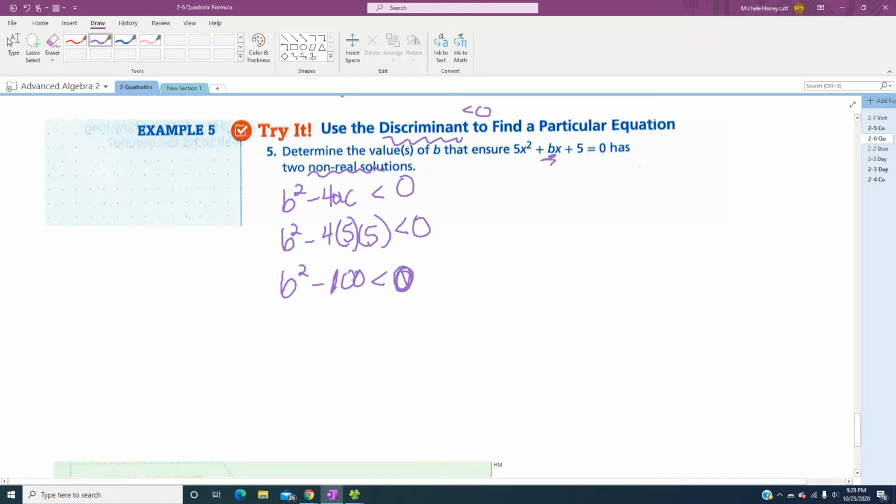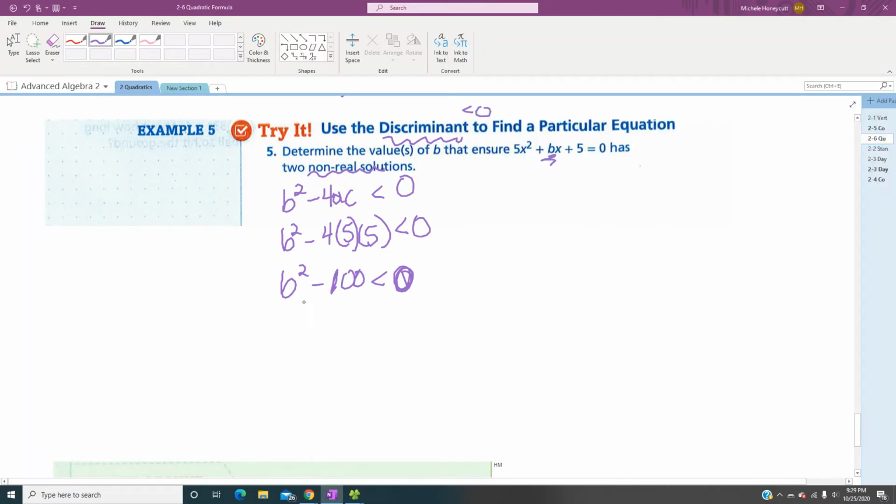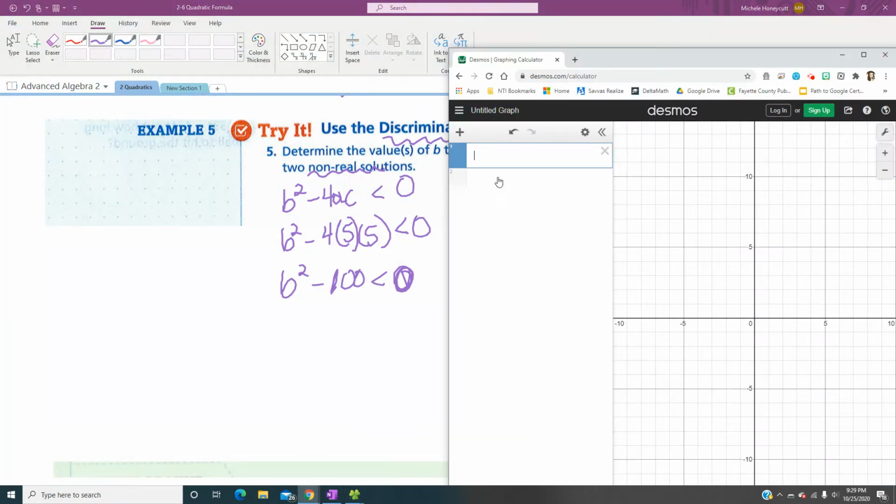And then, to solve this, I can look at the graph. Instead of b, I'm going to graph y equals the left side and y equals the right side. So y equals, instead of b, I'm going to use x squared minus 100, and y equals 0.